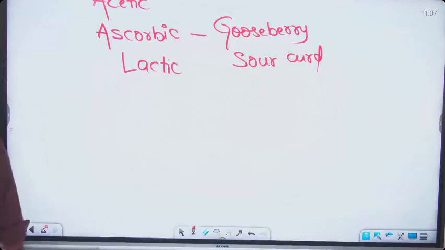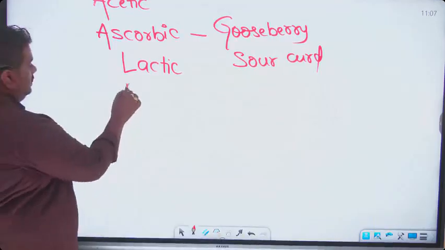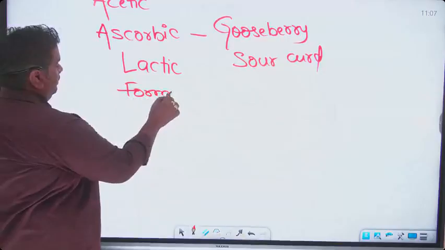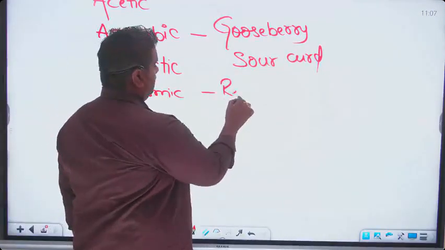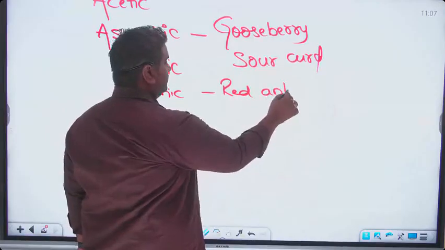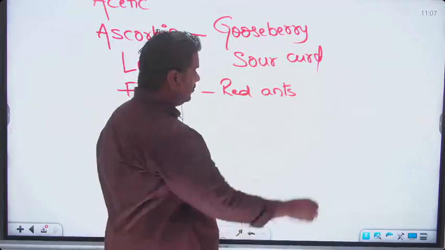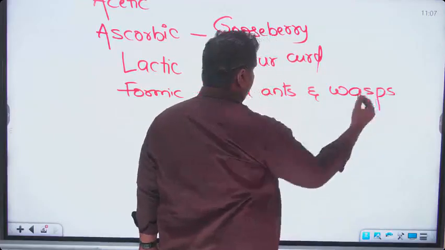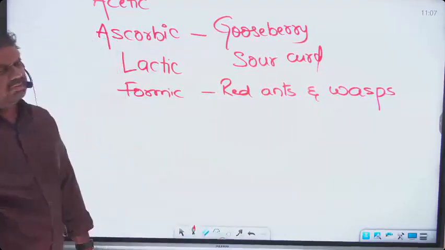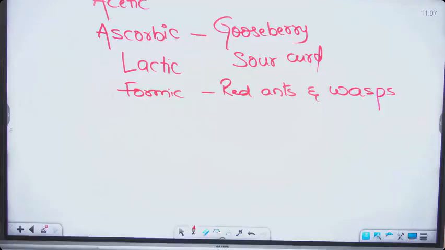Formic acid, red ants and wasps. So many types of insects and small worms give formic acid.